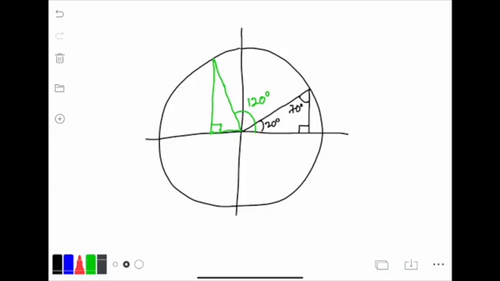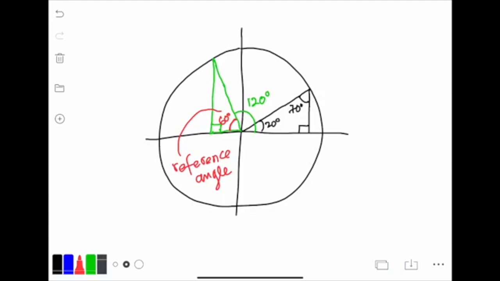So the angle that we actually want to work with is this angle right here, which would be 60 degrees. 60 degrees in this case is called the reference angle. And it's called the reference angle because that is the angle that we will be referring to when we're trying to find the trig function of an angle that is not between 0 and 90 degrees.